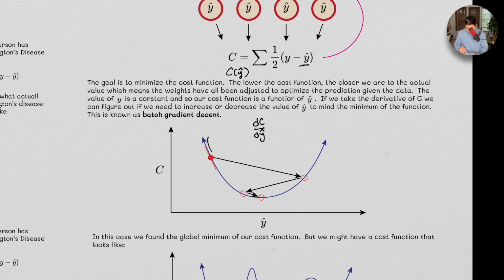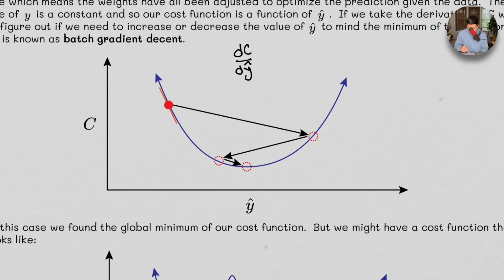So c is our blue curve here. The derivative is going to be tangent, because based on calculus, the derivative of some curve at any point is the tangent line of the curve at that point.